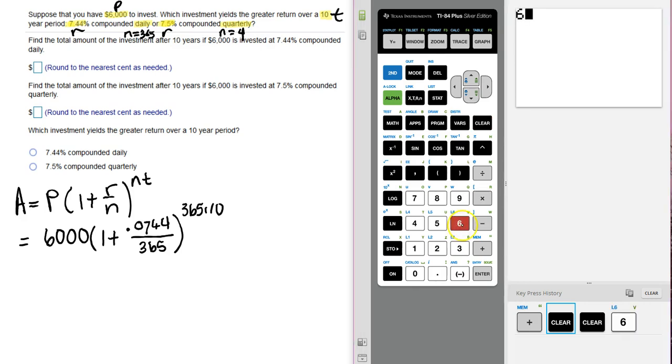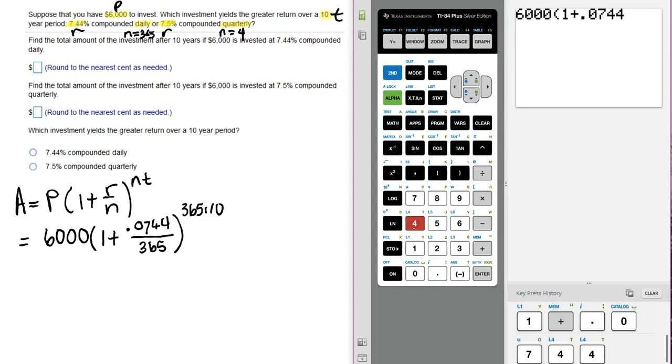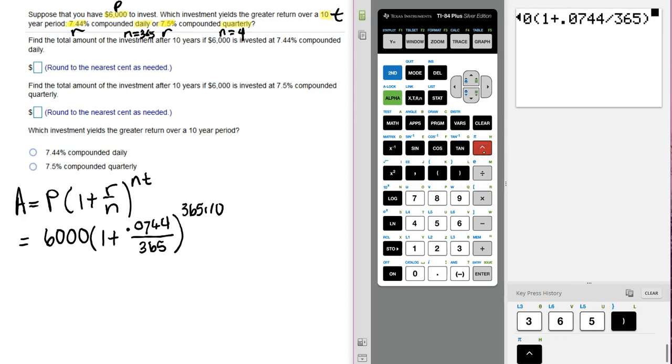So in my calculator, I can just type this fully out, 6,000 parentheses 1 plus 0.0744 divided by 365, close parentheses. I'm going to use this caret key, which creates the exponent. And in the exponent, some of you may need parentheses, some of you don't.